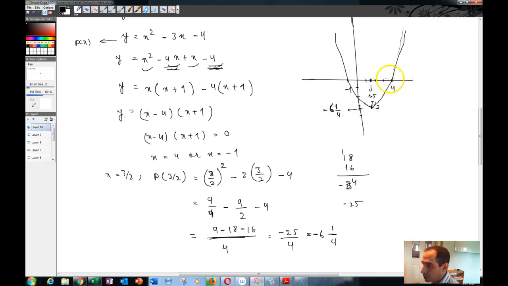But the important thing to see is that basically the graph goes through the x-axis at 2 points over here, and you have basically 2 zeros.